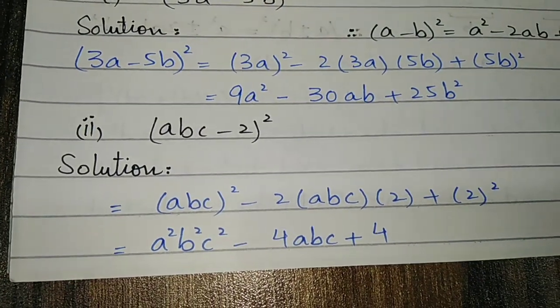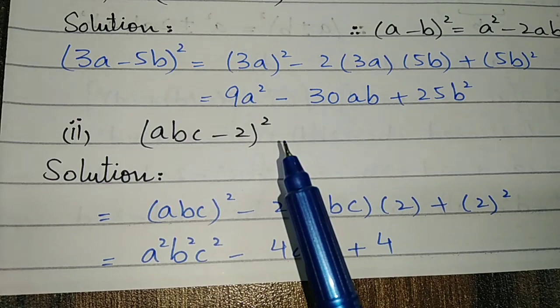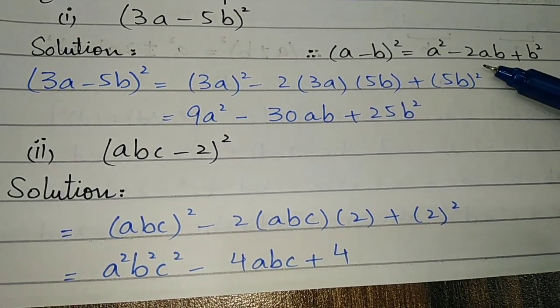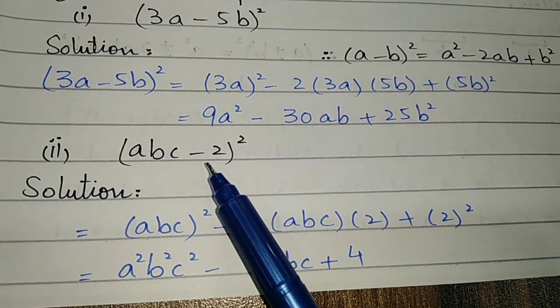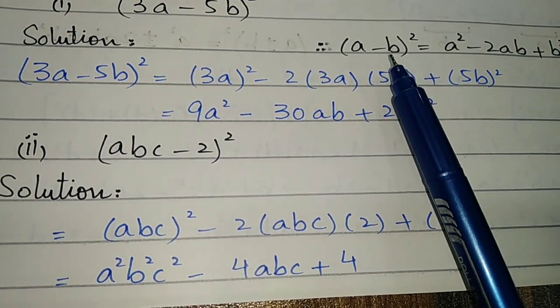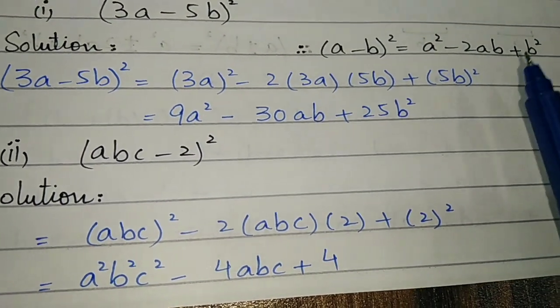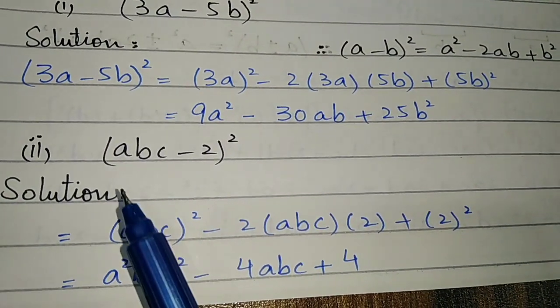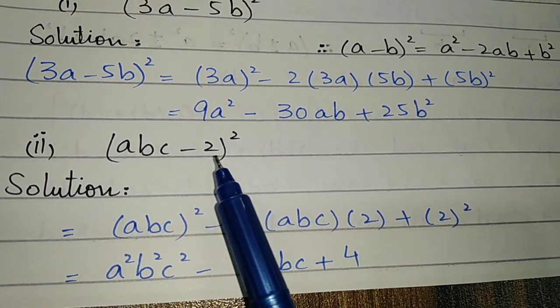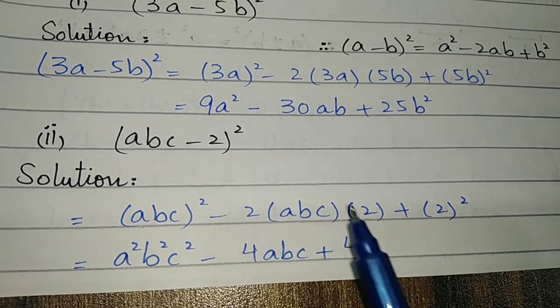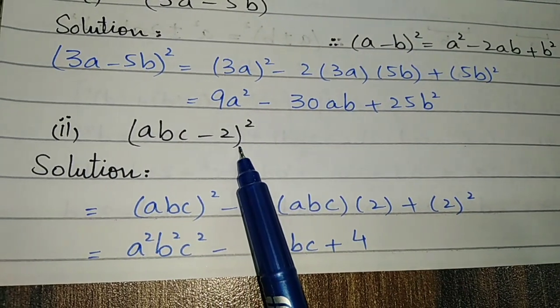Now the second part is (abc minus 2) whole square. By the same formula, (a minus b) whole square equals a square minus 2ab plus b square. Because of this minus sign, we apply the second identity, (a minus b) whole square. So according to this formula, (abc) whole square minus 2, the first number in the first bracket and the second number in the second bracket, plus the square of the second number.